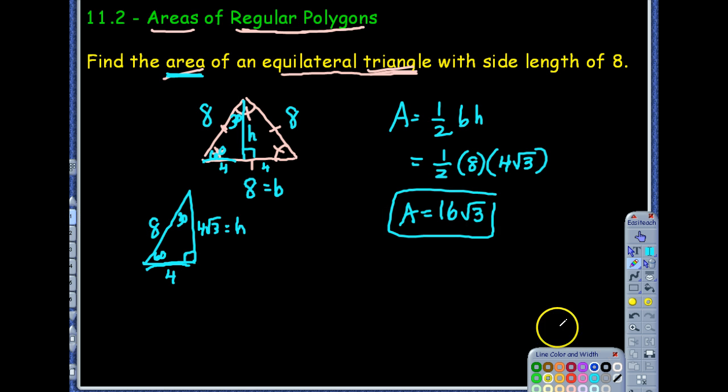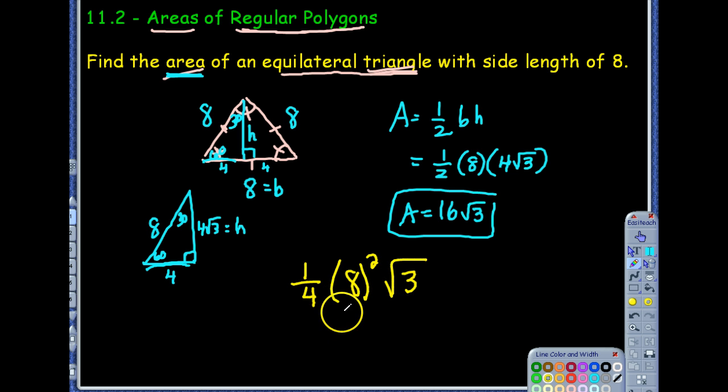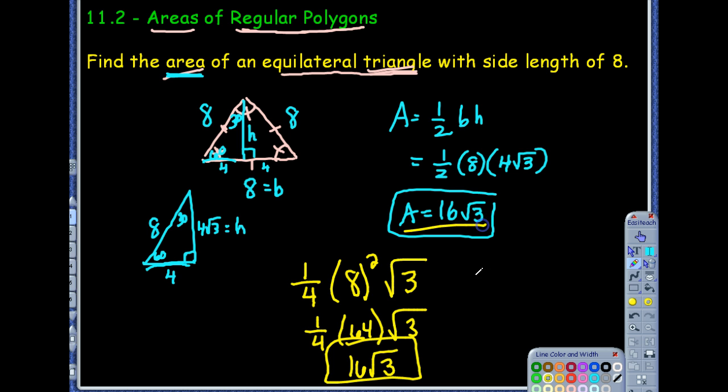Side length was 8. So if I use 1/4 side squared radical 3, 8 squared is 64. A fourth of 64 would be 16. So it would be 16 radical 3 for the area, which is the same thing as we just got. Absolutely. I kind of like that approach better.